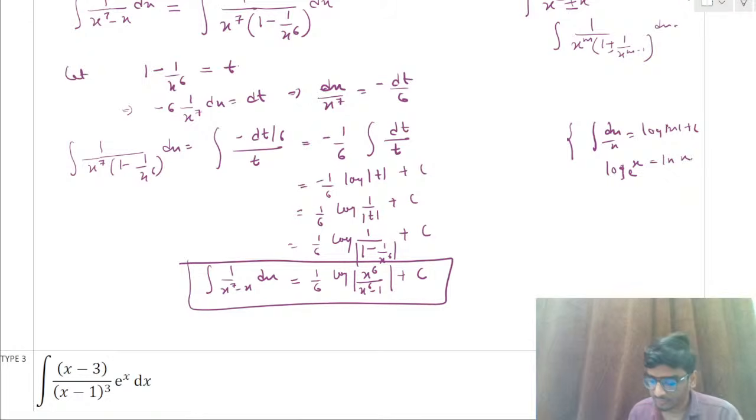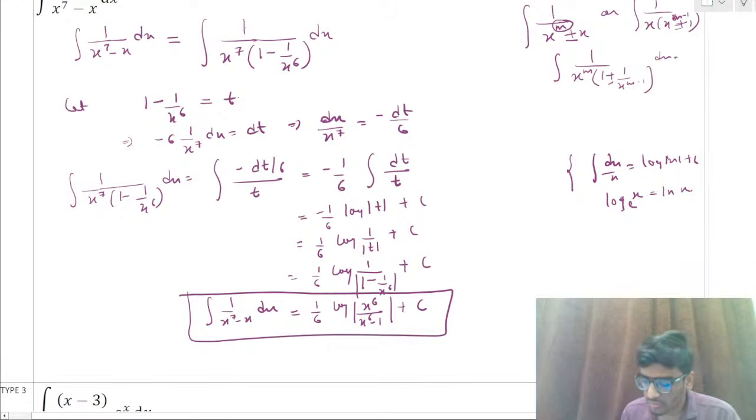So this integral of 1 upon x raised to 7 minus x dx becomes 1 by 6 log of x raised to 6 upon x raised to 6 minus 1 plus c. Is it clear?